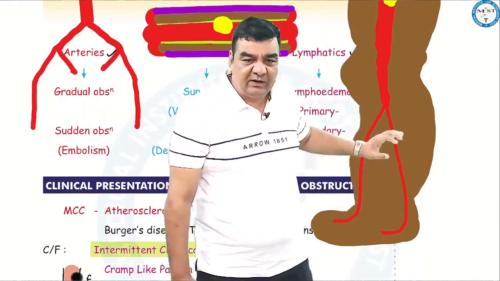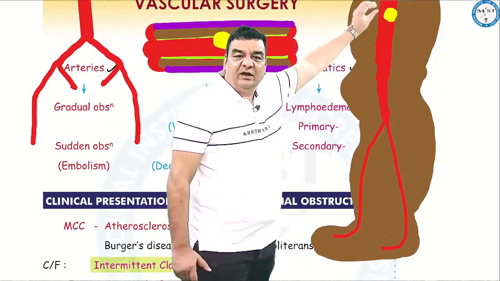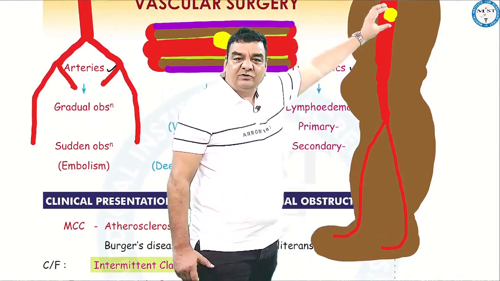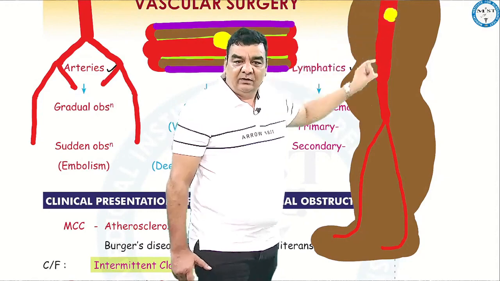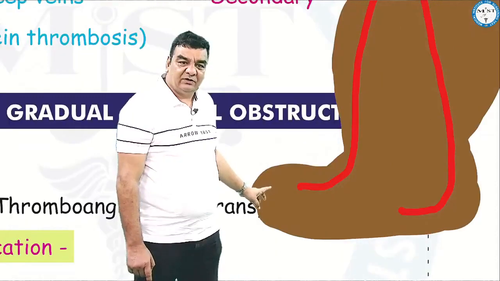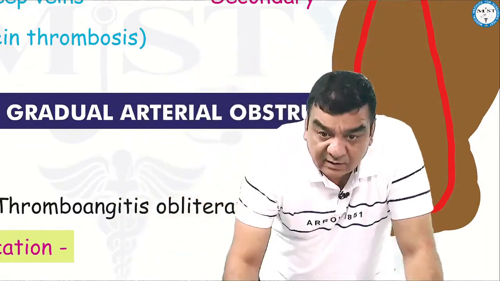Now suppose, beta, the obstruction is further increasing. Now what will happen? No blood supply. So there will be some paresthesia seen here.